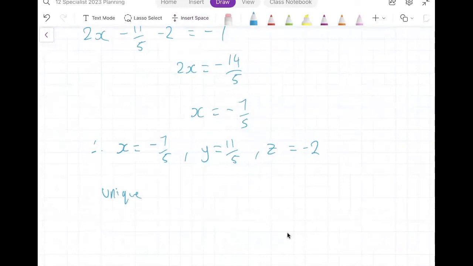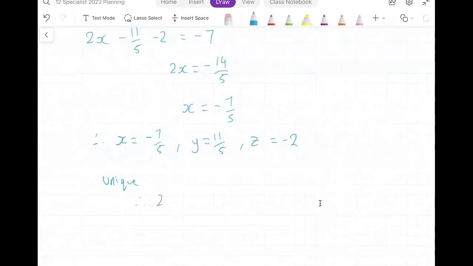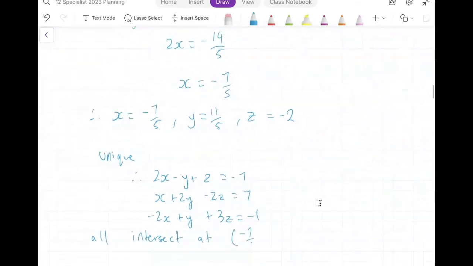So it's unique, and therefore those three equations I had, which would be 2x minus y plus z equals -7, x plus 2y minus 2z equals 7, and minus 2x plus y plus 3z equals -1, all intersect at coordinate points -7/5, 11/5, -2. So the same way we normally do coordinate points is x and y, now it's just x, y, z.